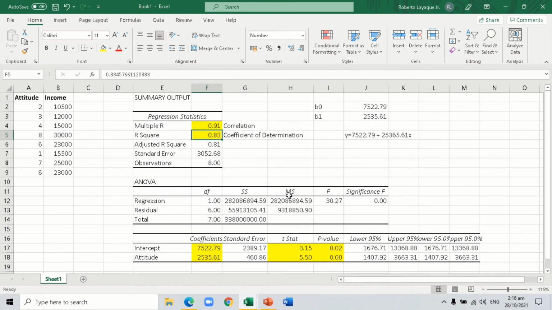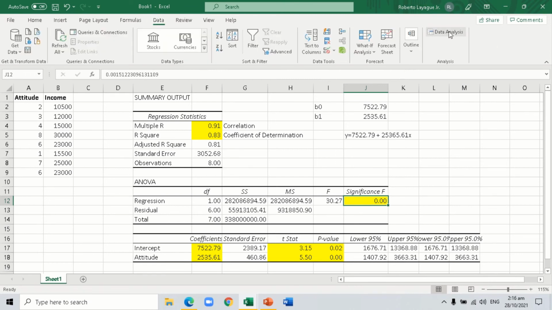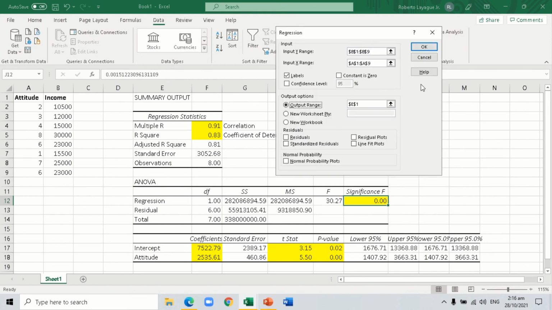Let's look at another way, the significance. The regression has a 0.00 significance. Remember, when you look at the test, we tested at 0.05, because 5% is the default.